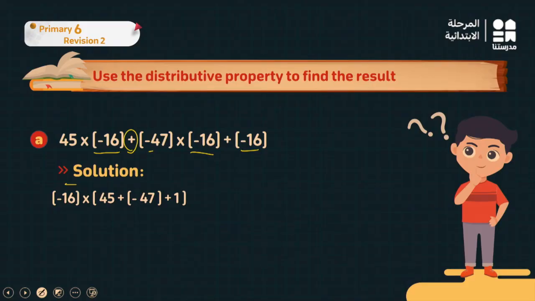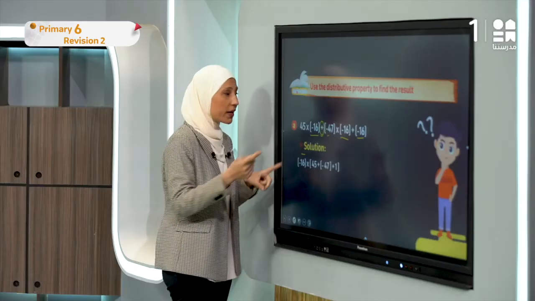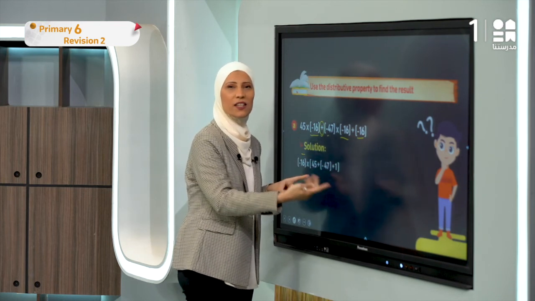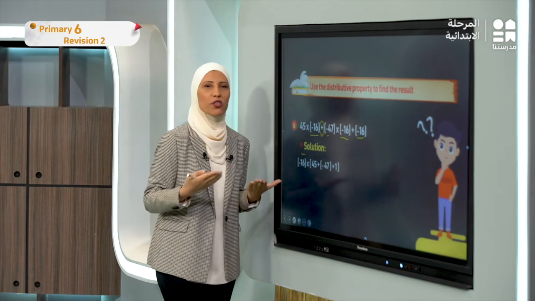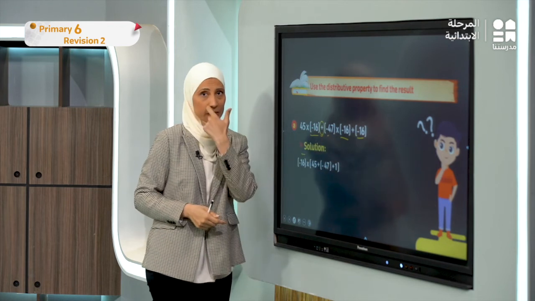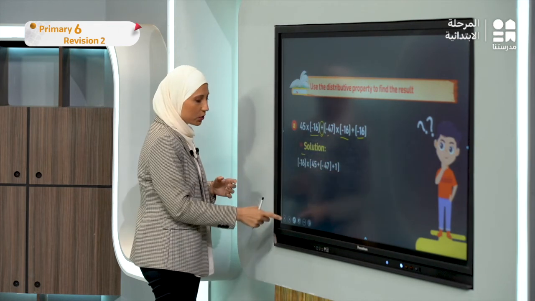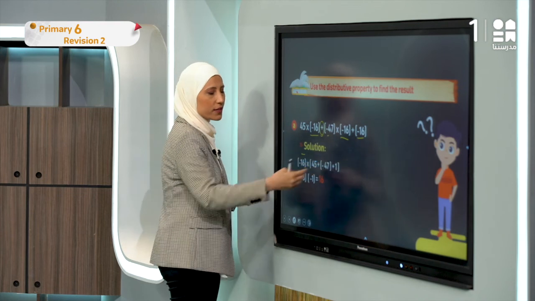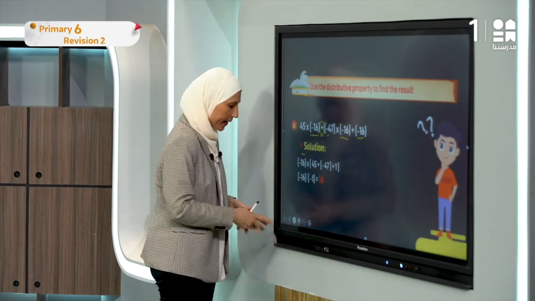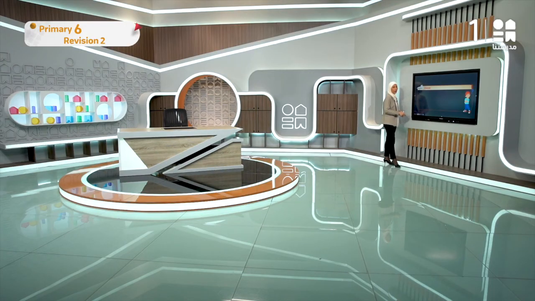If I write negative 16 times negative 16, it gives a different answer. But I have something times negative 16 giving negative 16, so it will be 1. Any number times 1 gives the number itself. So I am supposed to add 1, not add negative 16. Okay? So I will answer the exercises. Of course, negative 1 times negative 16 gives a positive answer. And this is, of course, the distributive property.